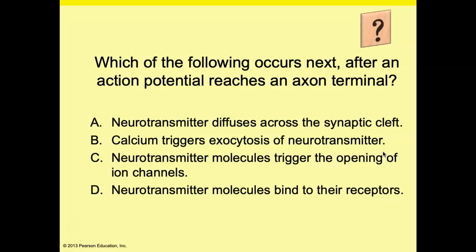Well, the neurotransmitter first has to be released. And then A will happen. It will diffuse across the synaptic cleft. And then D will happen. It will bind to the receptor. And then C will happen. The neurotransmitter will trigger the opening of ion channels. And when ions enter that second cell, it can cause an action potential.